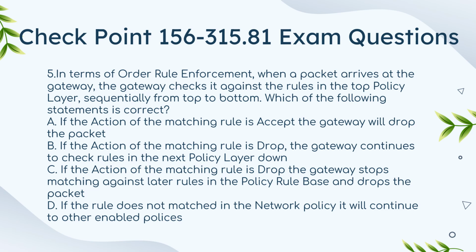B. If the action of the matching rule is drop, the gateway continues to check rules in the next policy layer down. C. If the action of the matching rule is drop, the gateway stops matching against later rules in the policy rule base and drops the packet. D. If the rule does not match in the network policy, it will continue to other enabled policies.